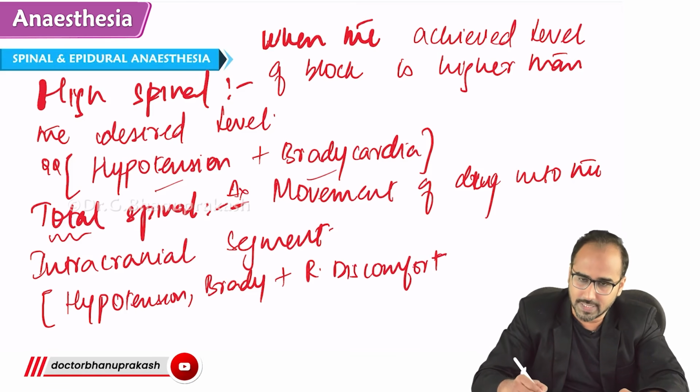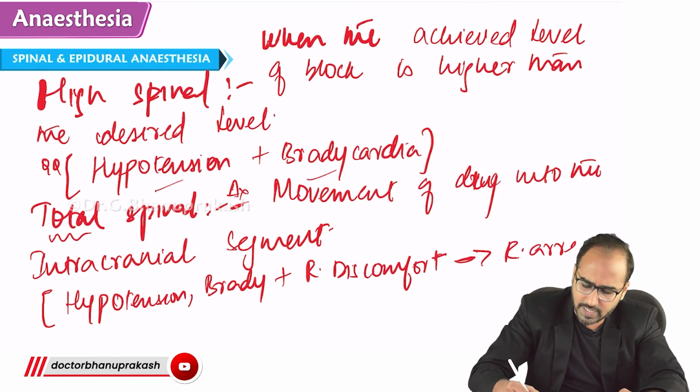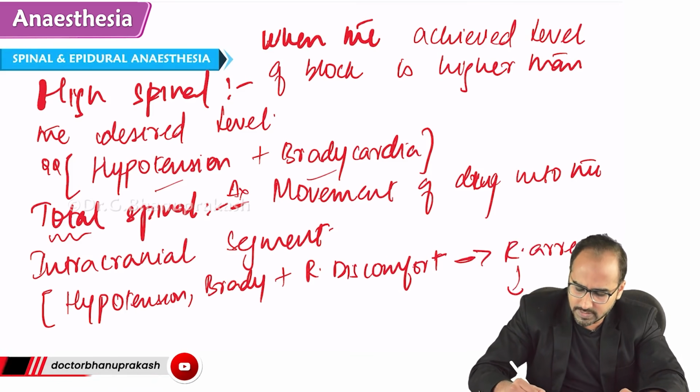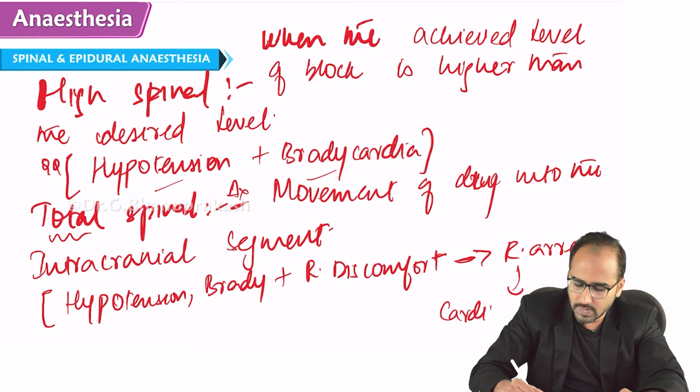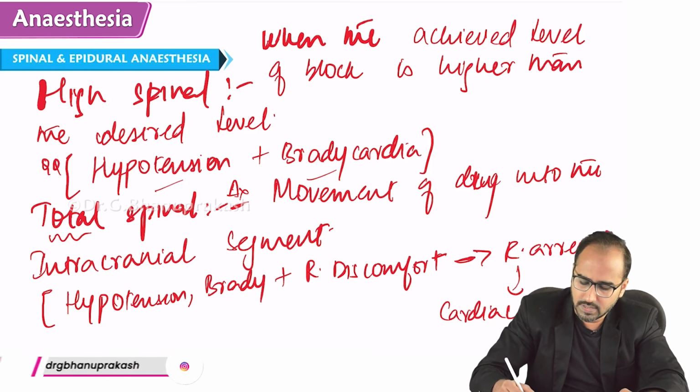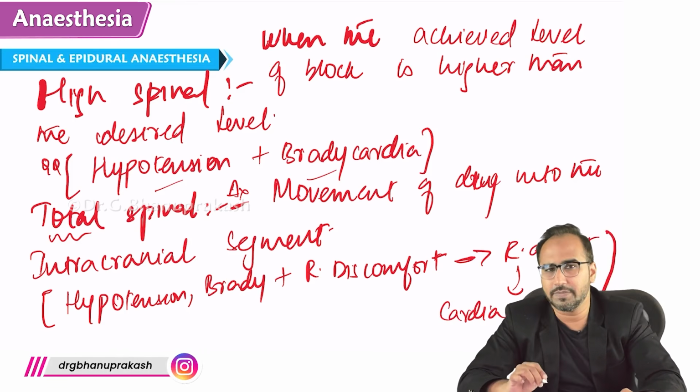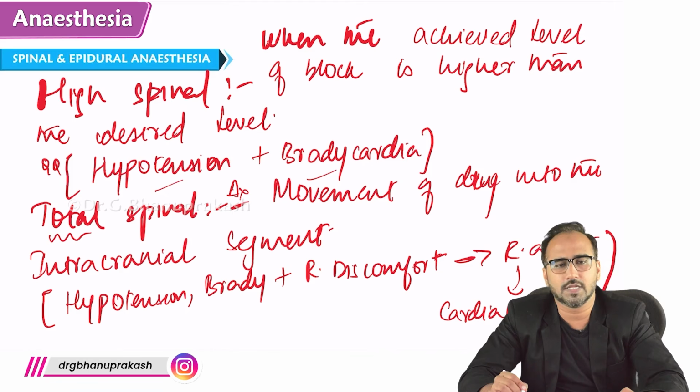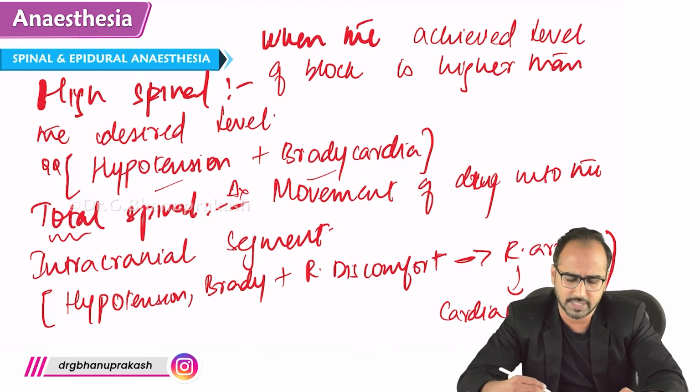If you don't manage this respiratory discomfort, you guys know what happens. Respiratory arrest can happen, leading to what arrest? Cardiac arrest. But if you are having an emergency drug tray, you don't have to panic. You can easily manage that by intubating the patient.